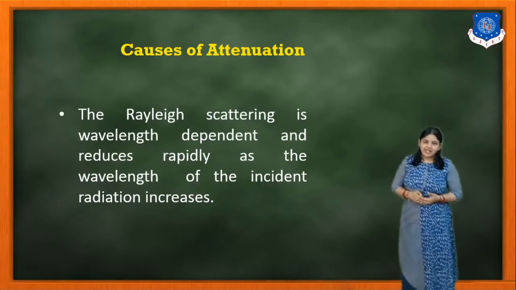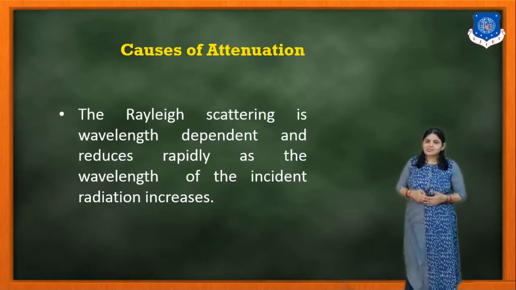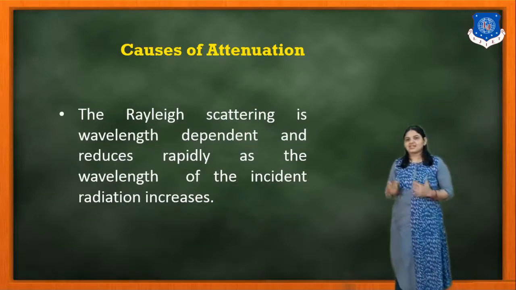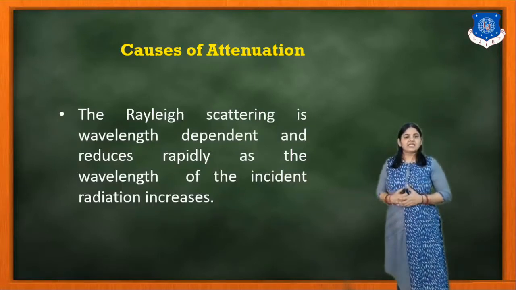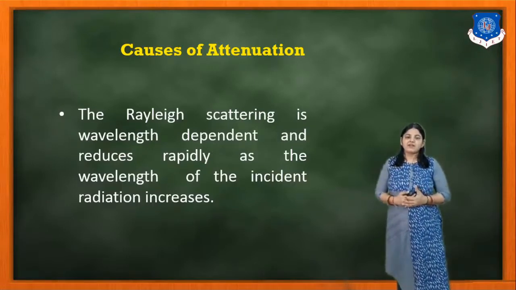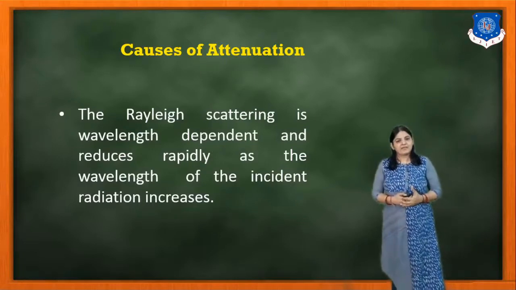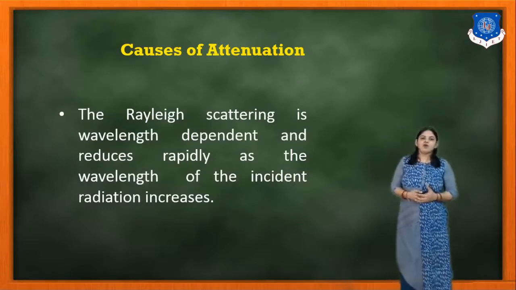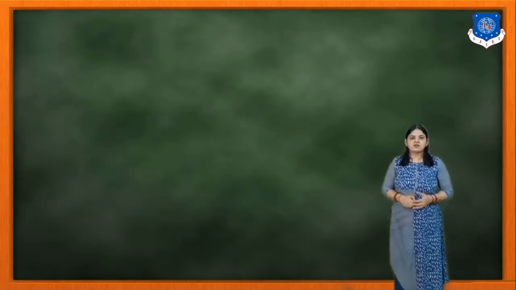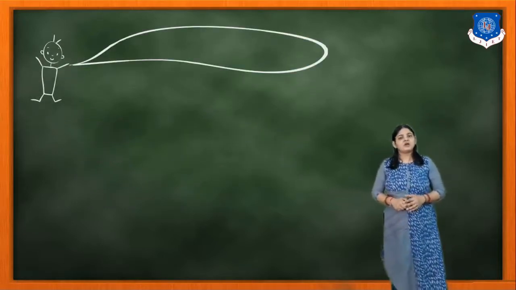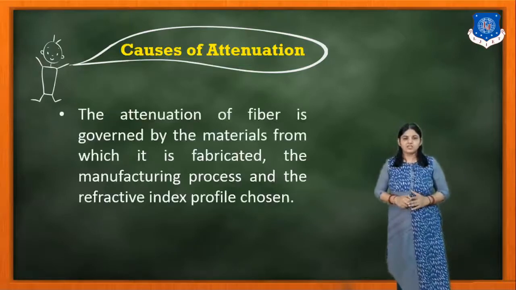By adding such impurities, the property of the glass can be changed. Rayleigh scattering is wavelength dependent and reduces rapidly as the wavelength of the incident radiation increases. So this is about the causes of the attenuation.